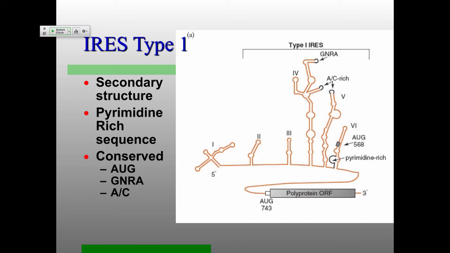Okay, so you're going to have lots and lots of these pyrimidine-rich regions, and as we'll see, particularly cytosine-rich is a very important aspect of not only getting translation to take place, but also for replication as well. There are lots of other kinds of IRESes.